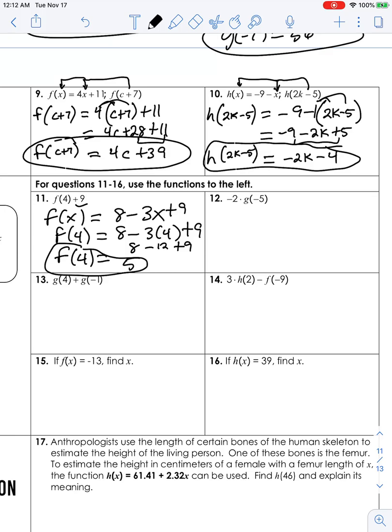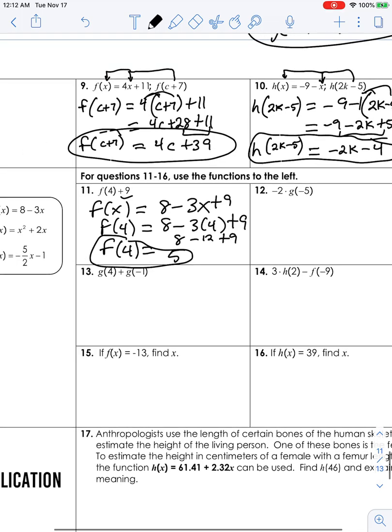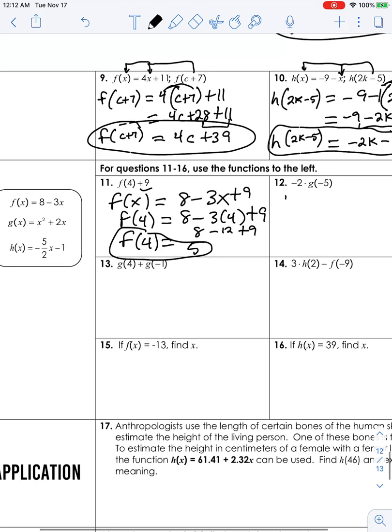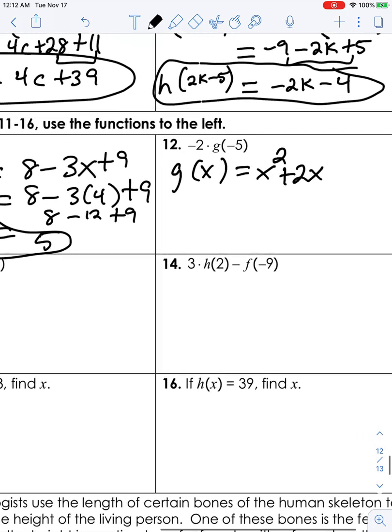All right, so it wants you to use g of -5. So we're going to use the g equation. G of x equals x squared plus 2x.